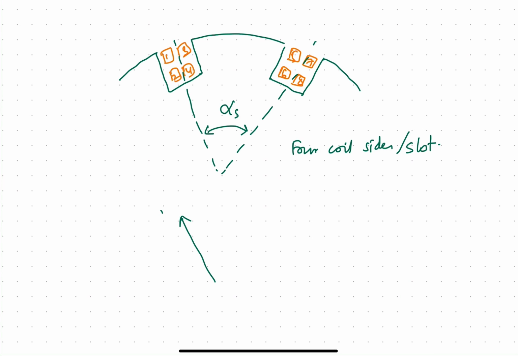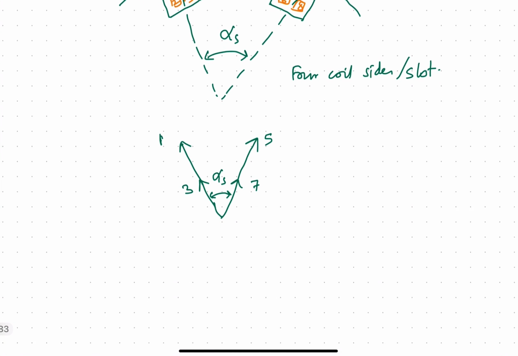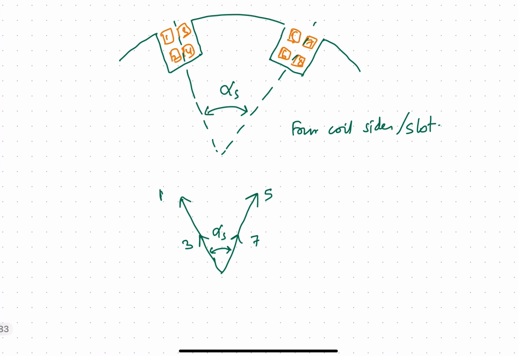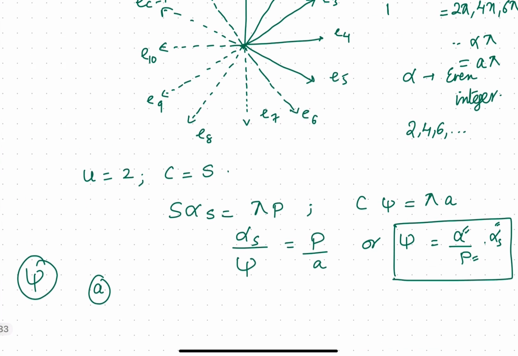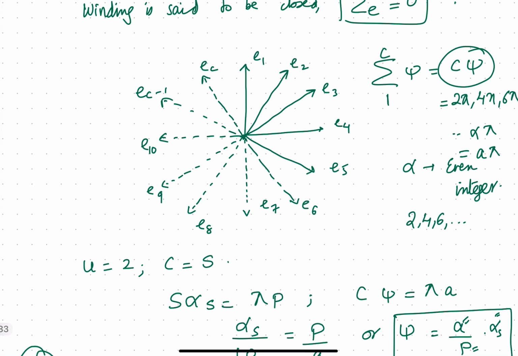Yes, it would be 1 and 3, 5 and 7, and this would be the EMF star for this four coil sides per slot arrangement. All right, this figure is the EMF star. I label it again, EMF star for a closed winding.